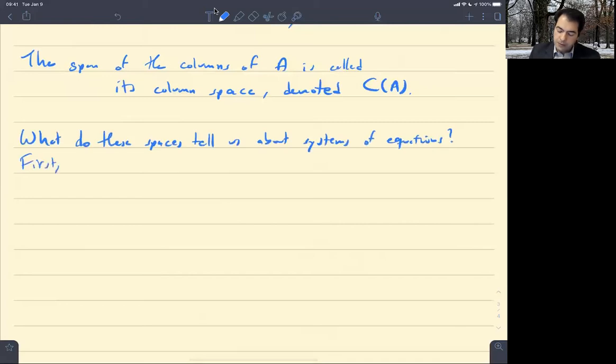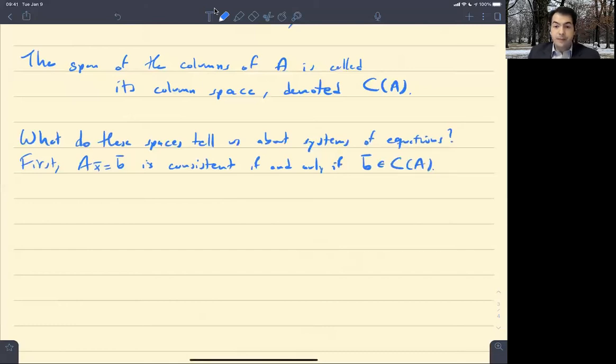Okay, well, first of all, Ax equal to B is consistent if and only if B is an element of the column space of A. It's a linear combination of the columns if it's equal to A times X.